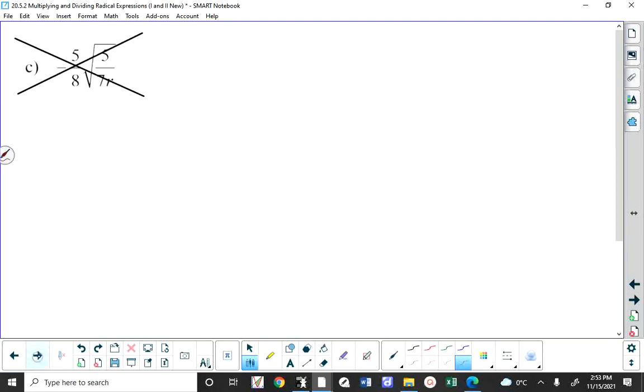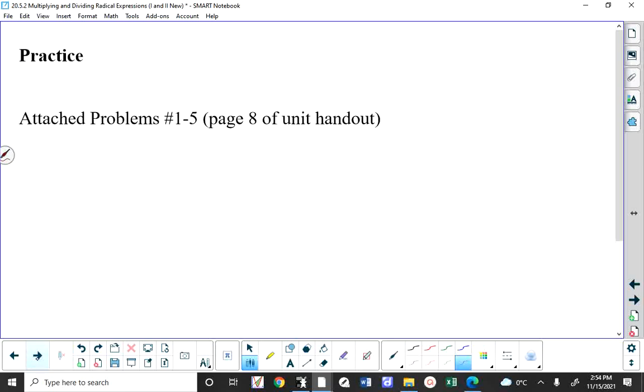By the way, for 3c, you can feel free to do that one if you like, but it's the same as 2a or b or c. We already did it. So there's a bunch of practice on the next page. I think it's page 8 of your unit handout, where you are rationalizing denominators, dividing radicals, dividing coefficients, and you know you're done when your checklist is complete.